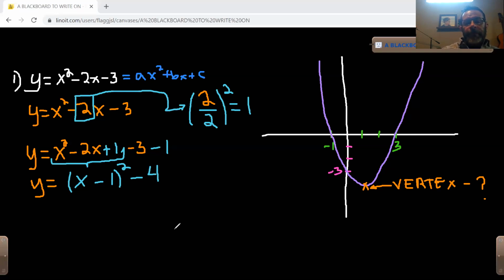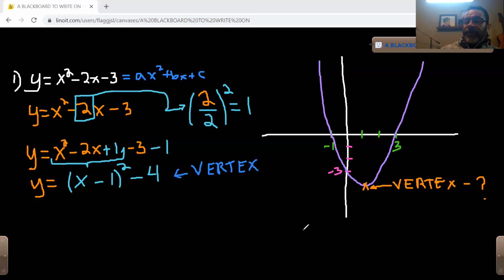Okay. This expression that I obtained doing this procedure, this is the vertex representation of a quadratic equation. Okay.